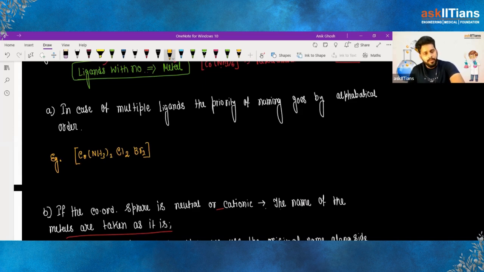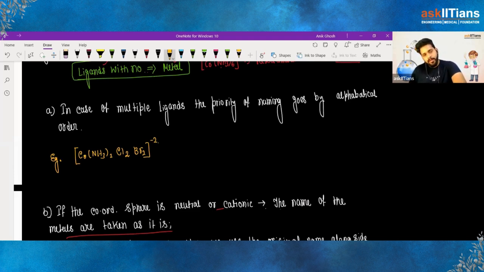What are we going to call this? This is a compound, so what should be the name of this compound?